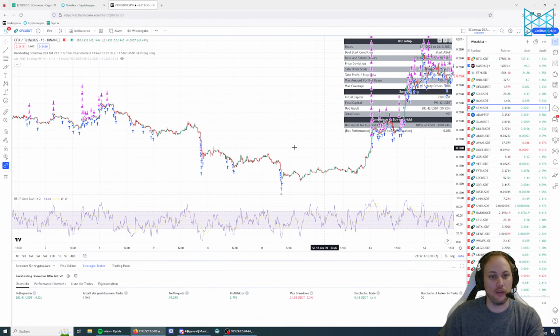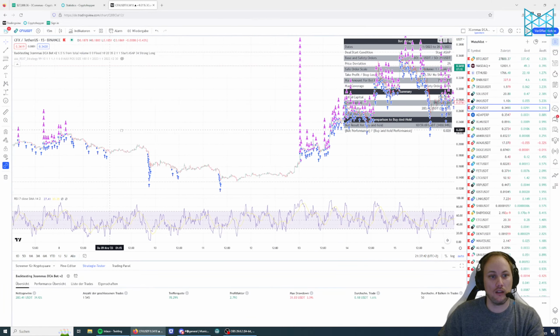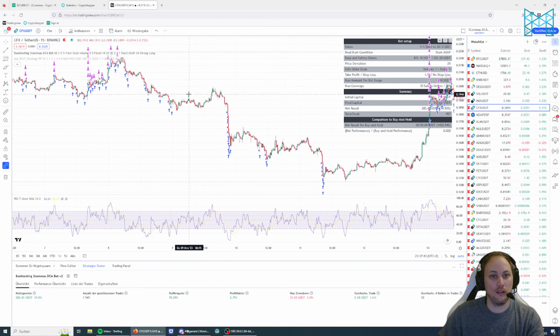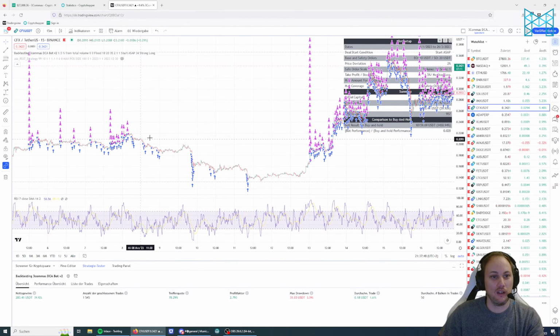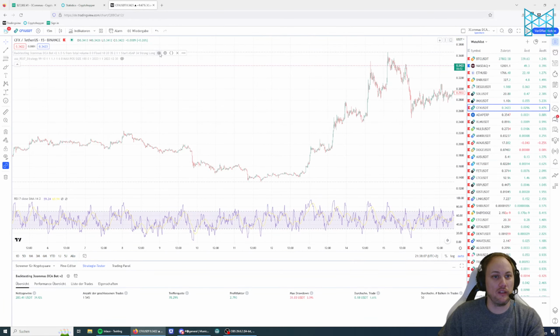So it started, let me check. I think here's the base order. Yeah, that's really crazy. Check it out. We have here the base order, and then we're buying, and lowering down the average price, somewhere here, plus take profit here. So you're really lowering down the profit zone and the average price, so that you get out of the position much faster. So let me put this in the other one.